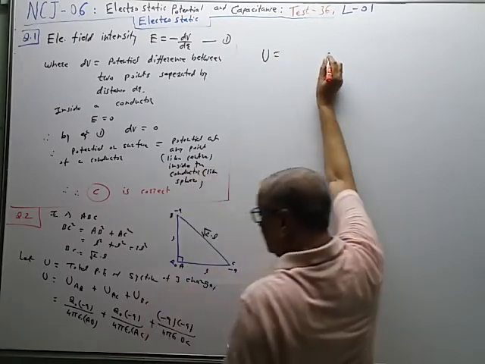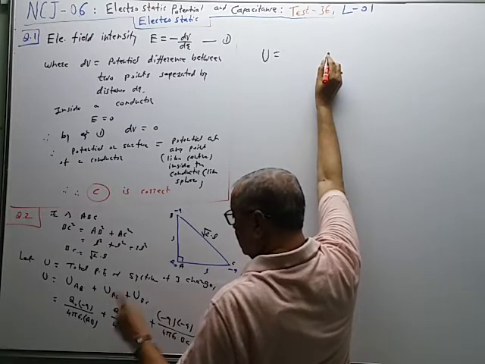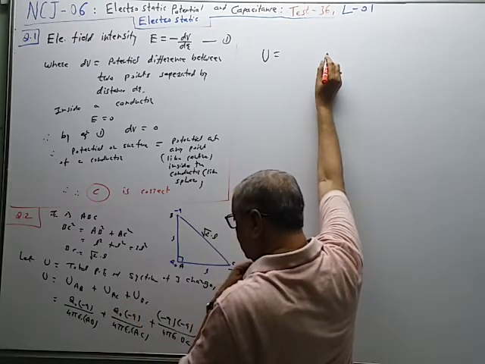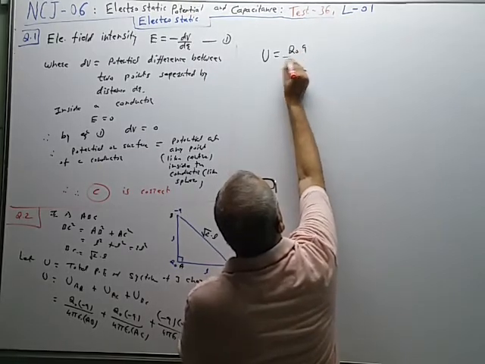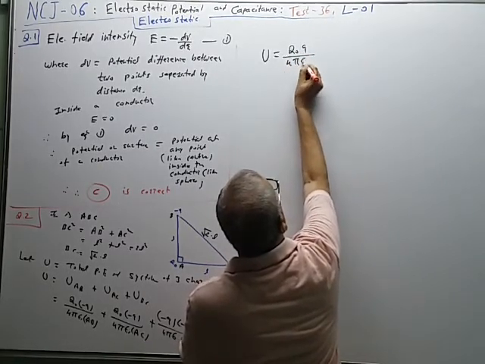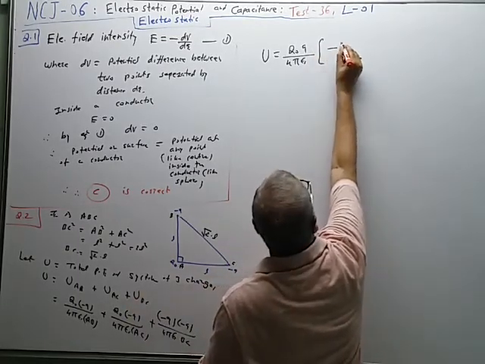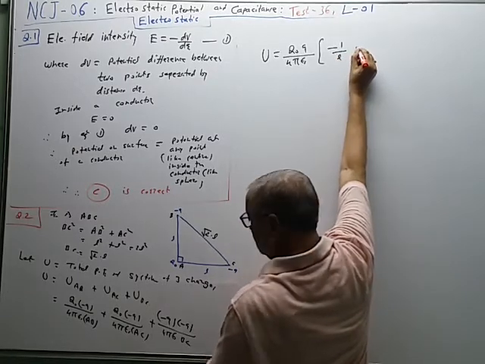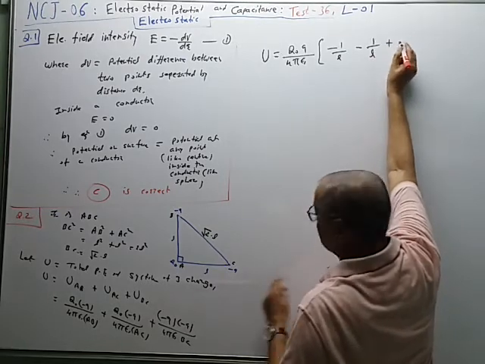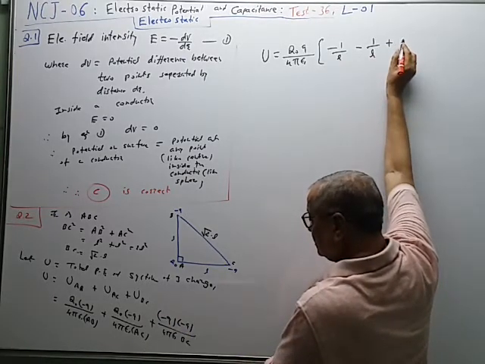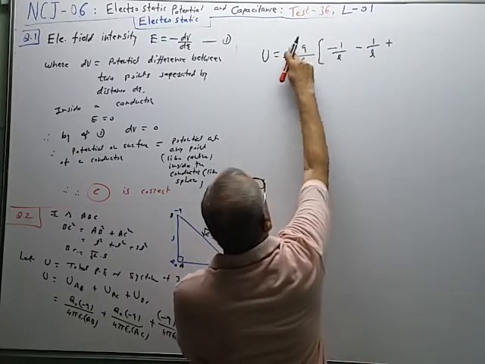total potential energy is equal to, now 4 pi epsilon naught is common, Q into Q0 is common, Q0 into Q common, 4 pi epsilon naught common into bracket, it is minus 1 by L, it is minus 1 upon L, and this is plus minus to become plus, sorry, you can take only Q common.